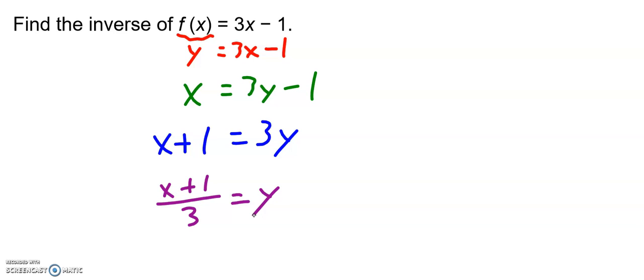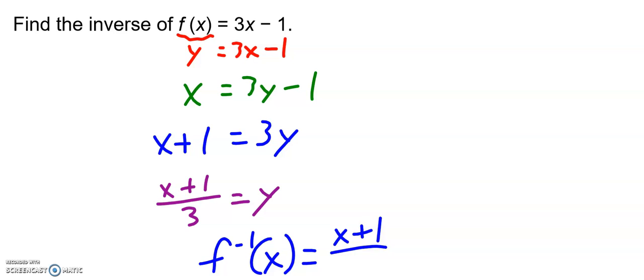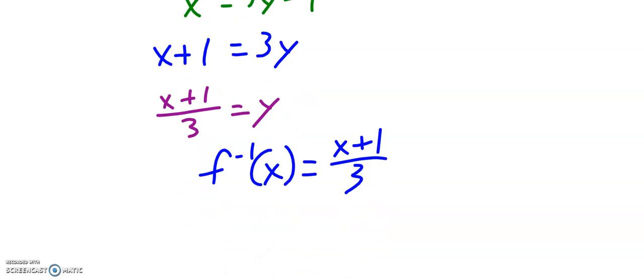Now, notation. This is going to be something that's very important to understand and recognize. How we're going to write our answer is going to be f to the negative 1 of x equals x plus 1 over 3.